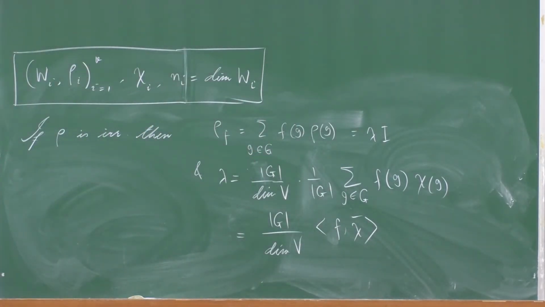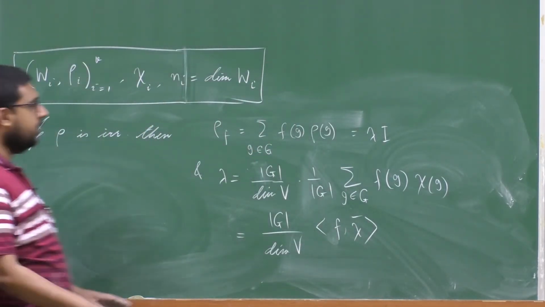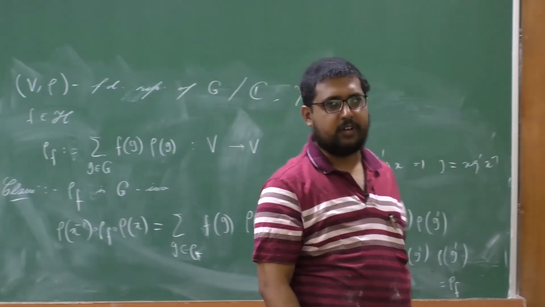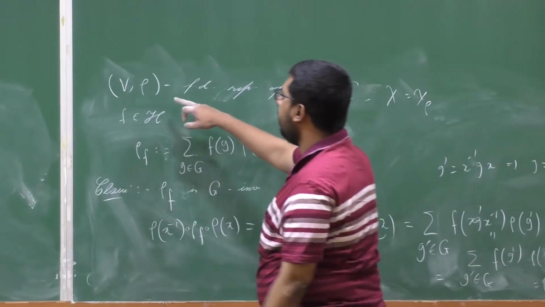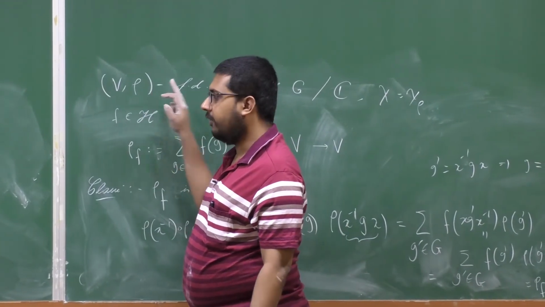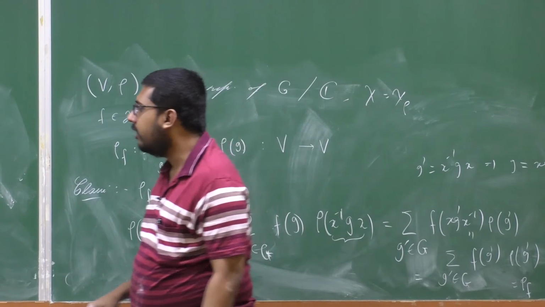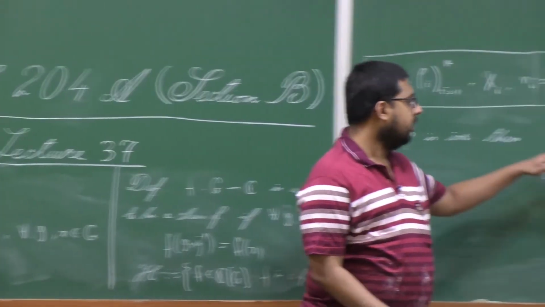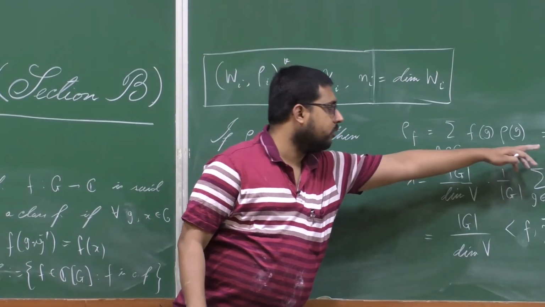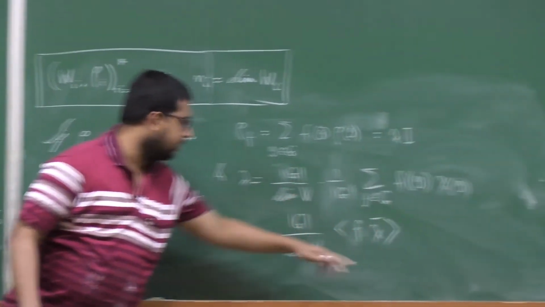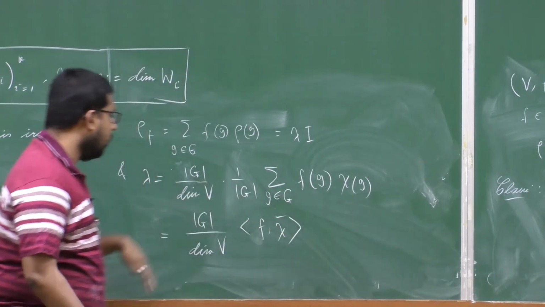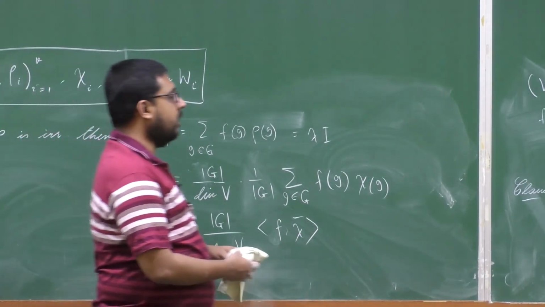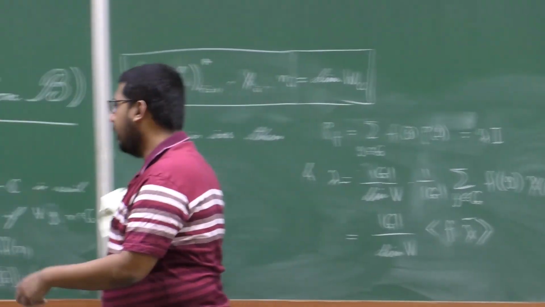This is what we obtain. Thus what we have learnt is, if we start with any class function f, then for every irreducible representation, rho_f is going to be this map, a constant multiple of the identity, and the constant is precisely this object. So this is going to be our main observation behind the proof.